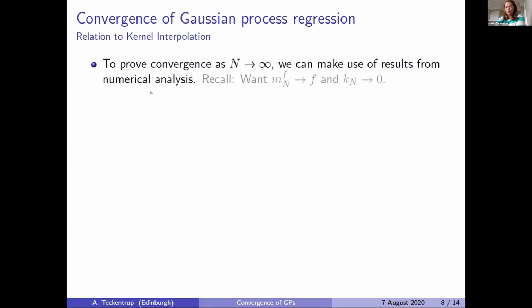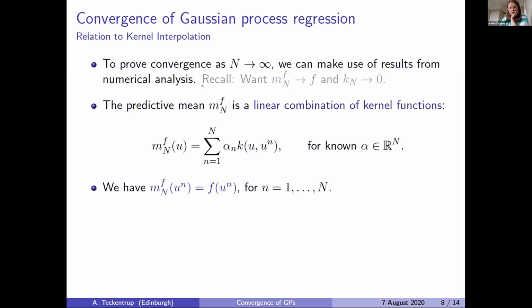So it turns out that we can use some results from numerical analysis or approximation theory. Essentially, what you use is these two properties that you have. If you look at the mean, so this is the mean of the posterior on f, you can use the explicit formula.